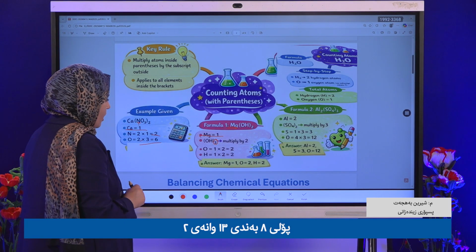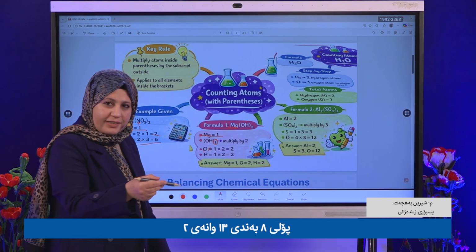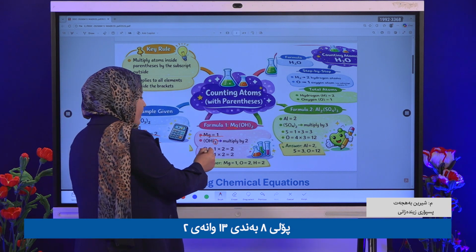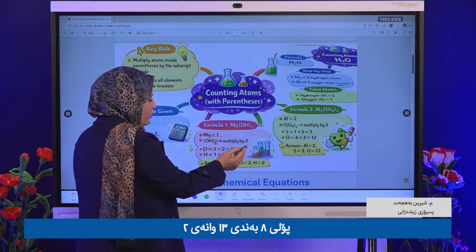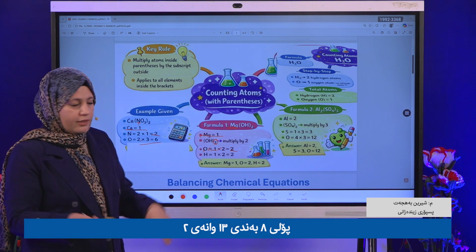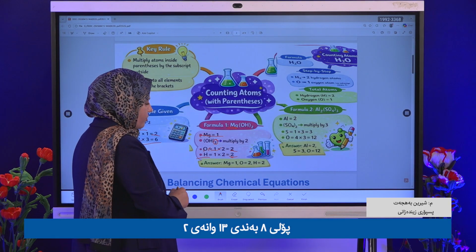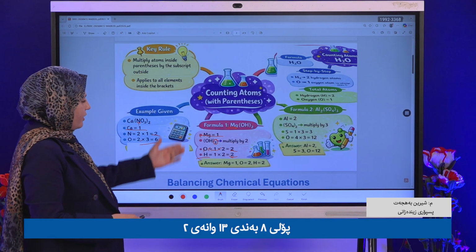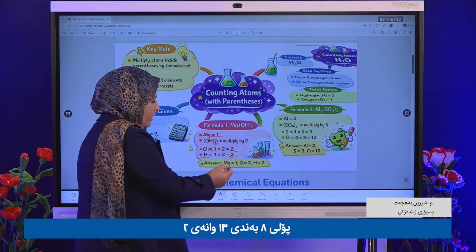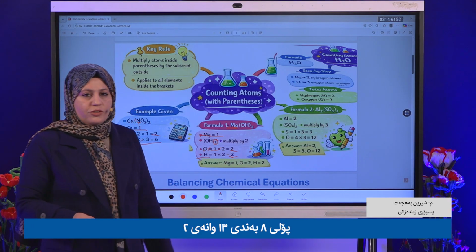O represents oxygen. Excellent. 1 times 2 will be 2, because there is no subscript, so it's 1. What about hydrogen? 1 times 2 is 2. That means in this formula, Mg(OH)2, there is 1 magnesium, 2 oxygen, and 2 hydrogen.